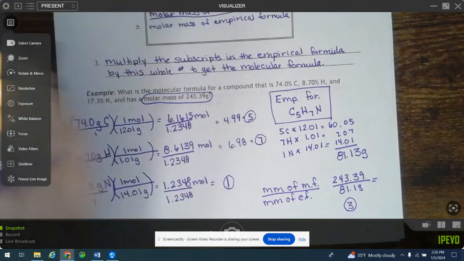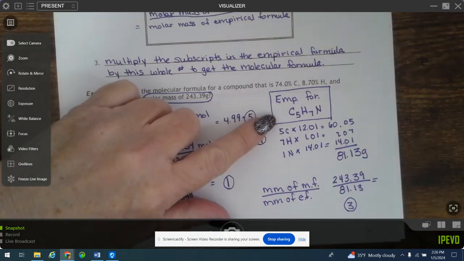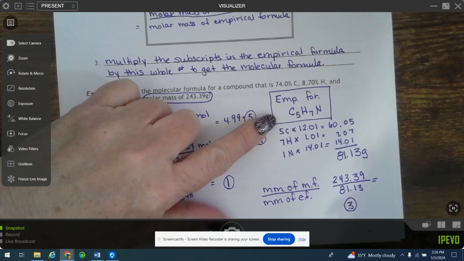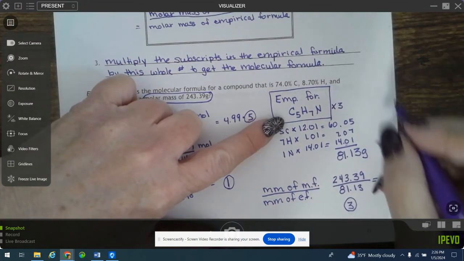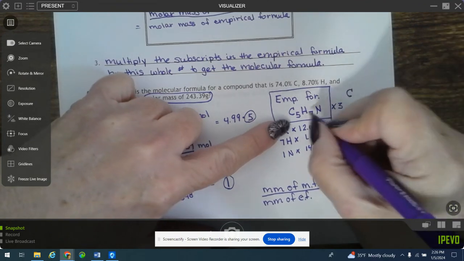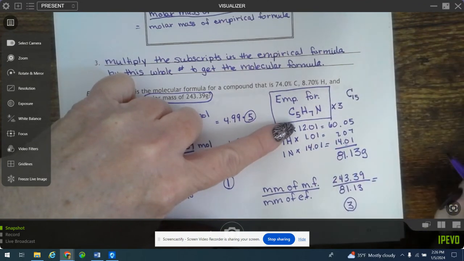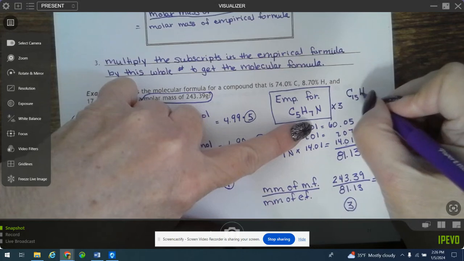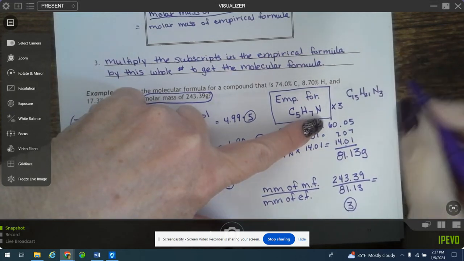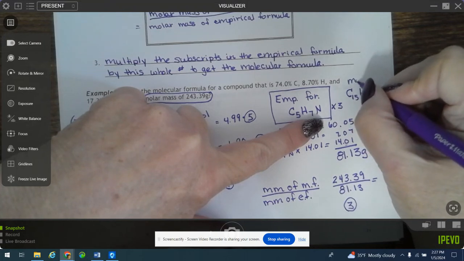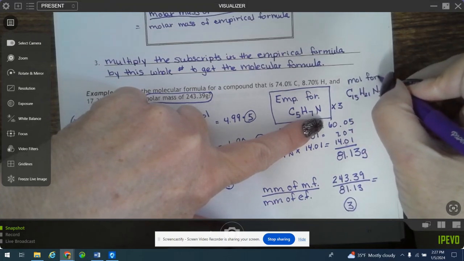Perfect. So now what do we do with that 3? We take the empirical formula and multiply all of the subscripts by 3. So we end up with C15H21N3. And this is our molecular formula.